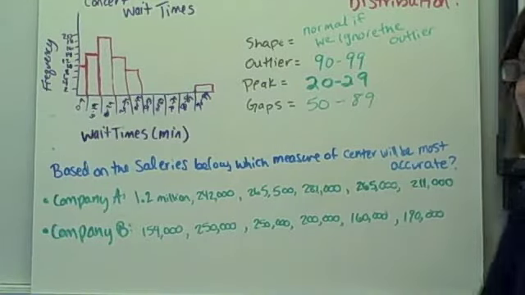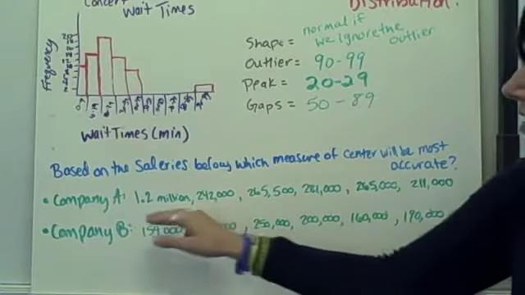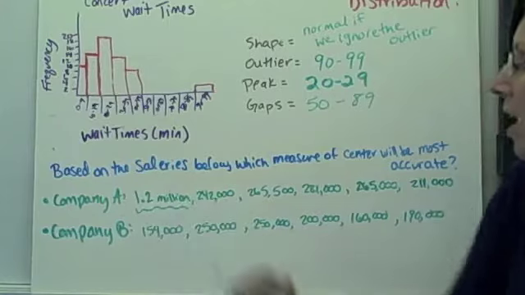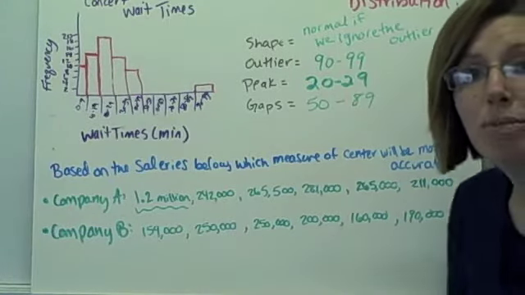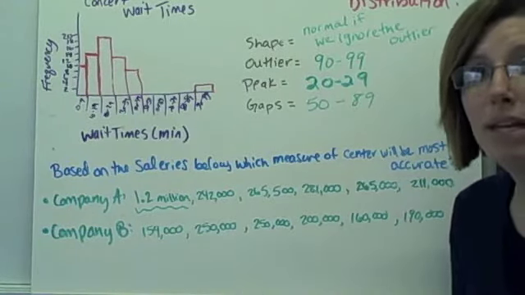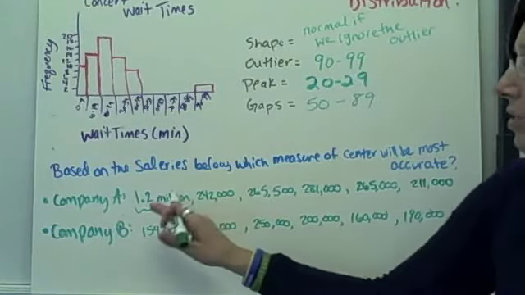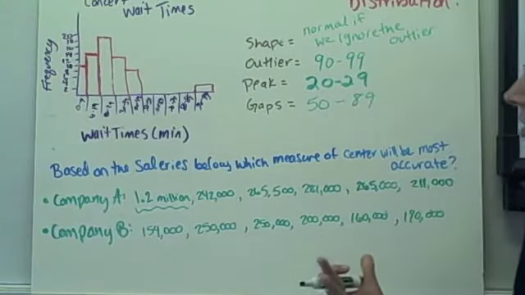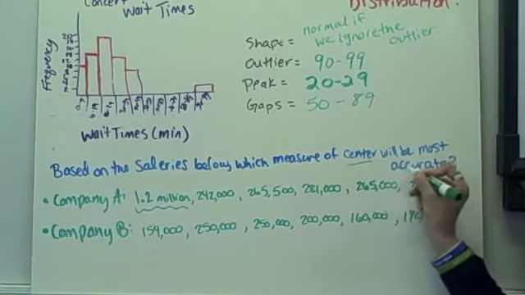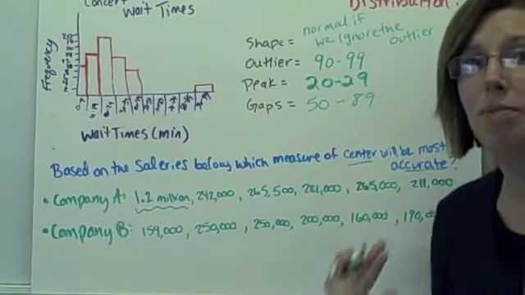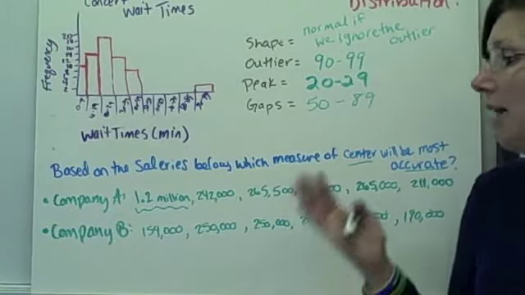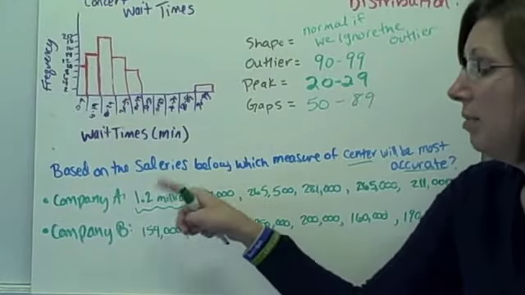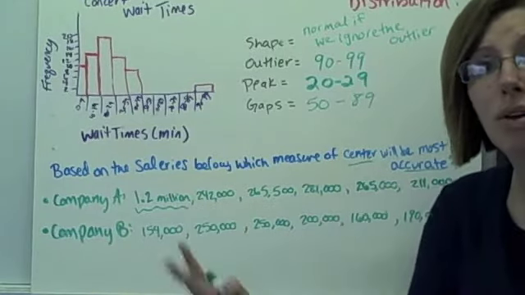So looking at company A, if I obviously have an outlier, that's really going to affect my measure of center. Remember, my two measures of center were the mean and the median. This is really going to affect my mean. So if I were choosing a measure of center that most accurately describes the data, then I am not choosing the mean, because this large outlier would skew my mean.